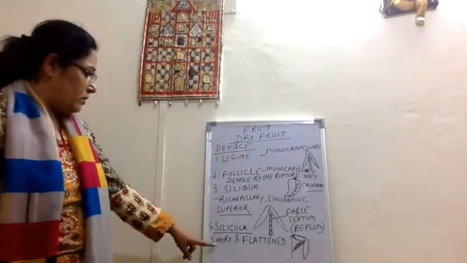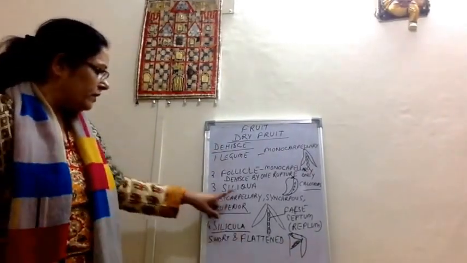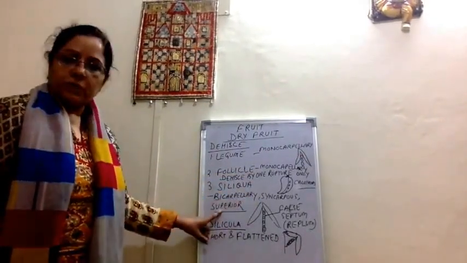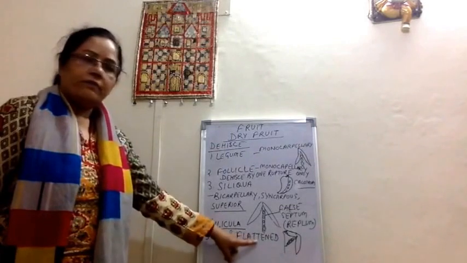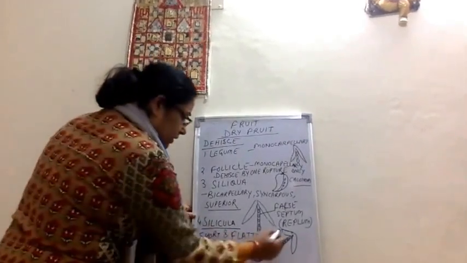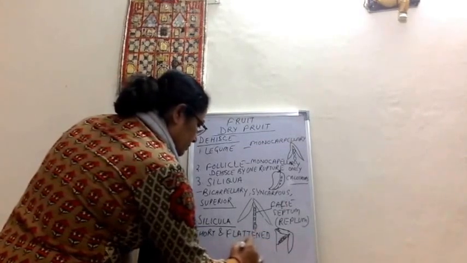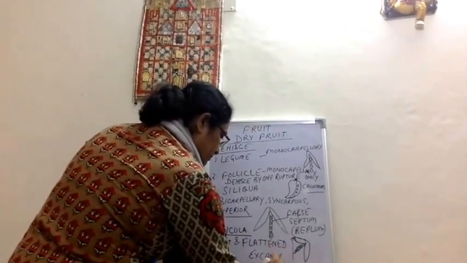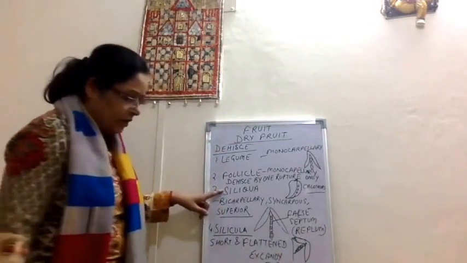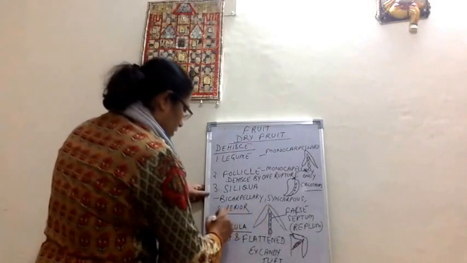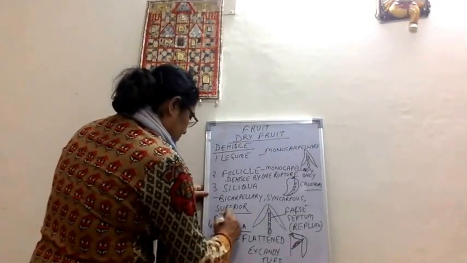It's again the same, bicarpellary, syncarpous, superior, but short and flattened. The example is candytuft. And siliqua in brassica.